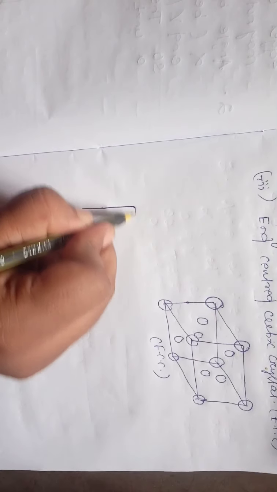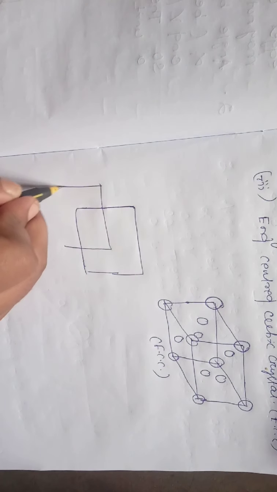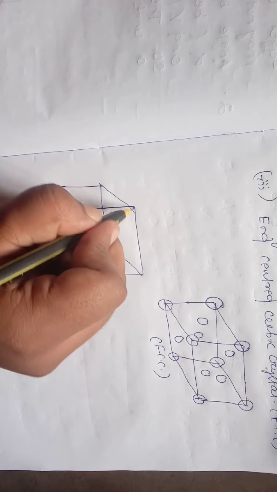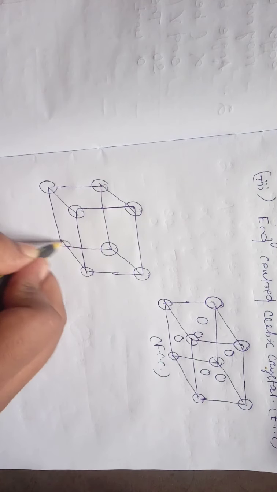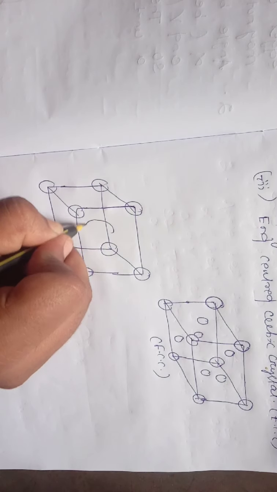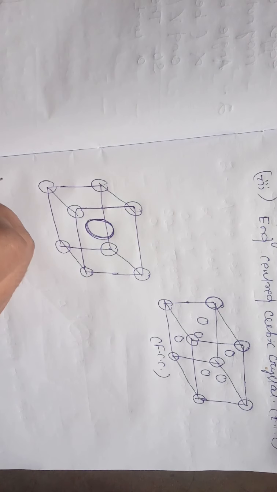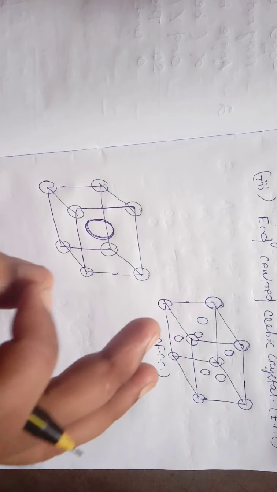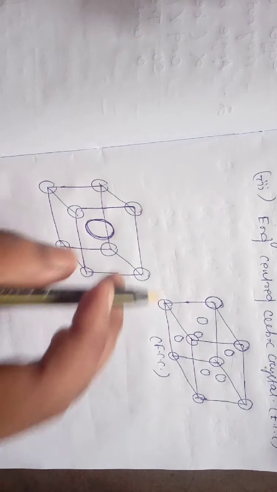In this unit cell the particles are present at the 8 corners as well as the center of the unit cell, which is called body centered cubic crystal. The unit cell in which the particles are present both in corners as well as the center of the body is called BCC or body centered cubic crystal.